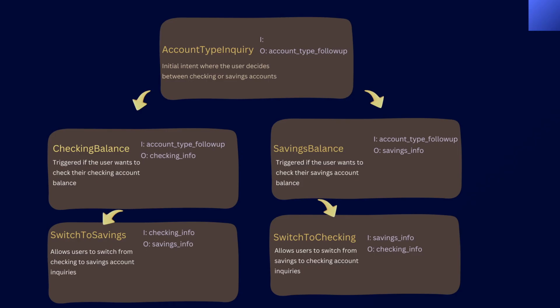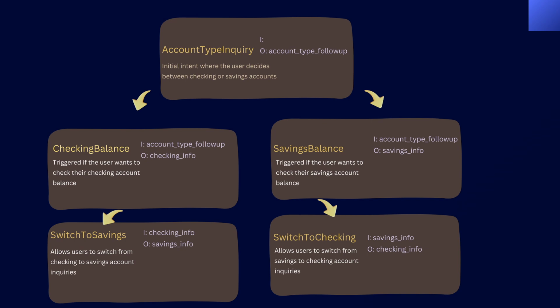Okay, now let's look at this diagram. This diagram represents the flow of a simple banking bot that allows users to check their checking and savings account balances and switch between these accounts. Each box you see represents an intent.